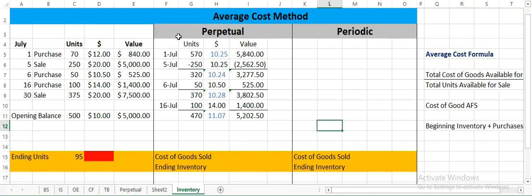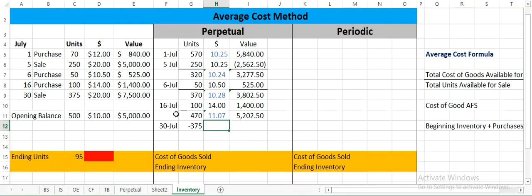We're getting there, we're getting there. Now, the last transaction is the 30th, July 30th, which is a sale. So we sold 375 units. So let's take that away, minus 375. We sold them for $20, but now we need to know what the value of these items sold is.